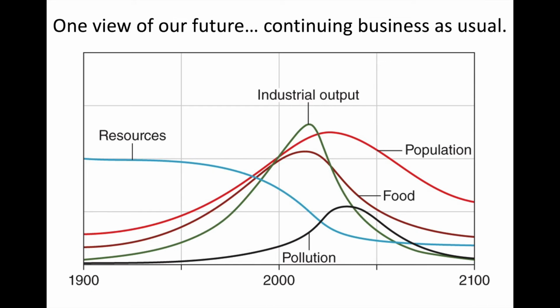As they get used up, it gets harder to extract the remaining resources, and more capital, or economic attention, is diverted to extracting the resources. As a consequence, industrial output and food production decline, and population declines somewhat more slowly. This is not a pretty view of the future, especially when you take into account that these declines are projected to happen during our lifetimes.